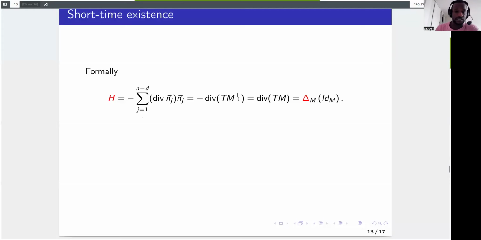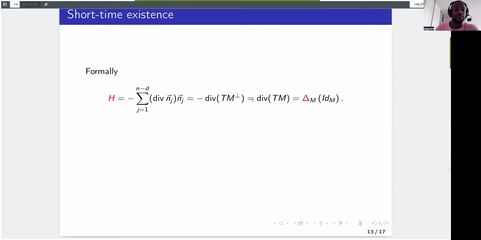This is the tangent, and we put this in the orthogonal, because here we have normal vectors. And if we write Tm plus Tm orthogonal equals the identity, and we admit that the divergence of the identity equals 0 because the identity doesn't move, so we can obtain this.